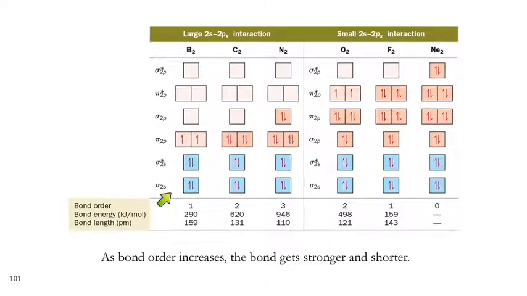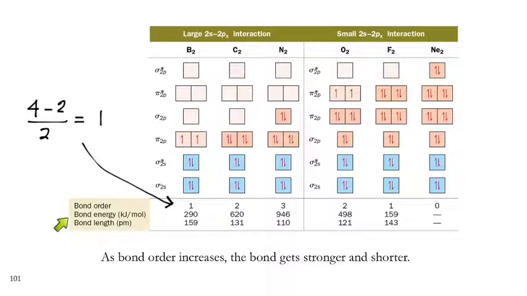The bond order here, we've got 2 in bonding orbitals down here, 2 in bonding orbitals up there. That's 4 in bonding orbitals minus 2 in anti-bonding orbitals. Divided by 2, we get a bond order of 1. Let's write that out. So for boron, we've got 4 minus 2 divided by 2, and that equals 1. So that's how we're getting this number down there.